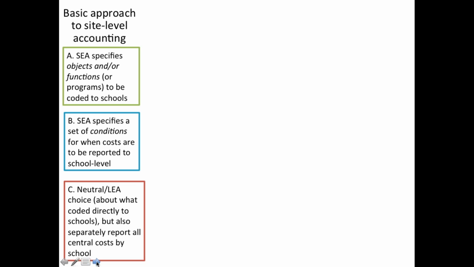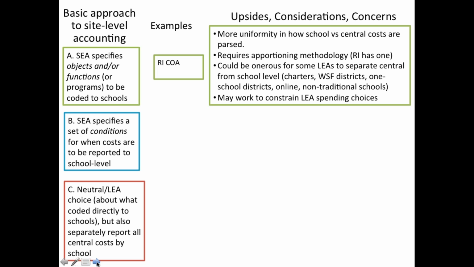So they would be captured somewhere. It wasn't that you could hide money. And if we went back to these three options, Rhode Island was a great example of the first model.